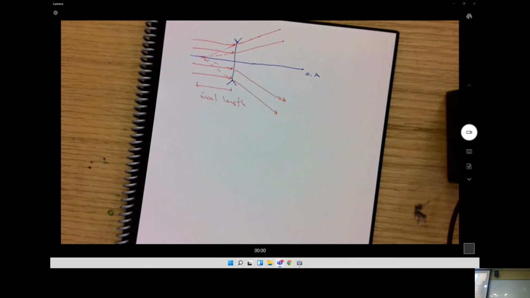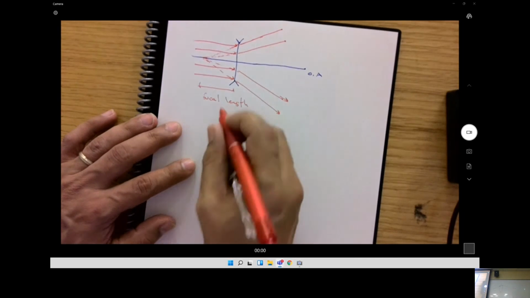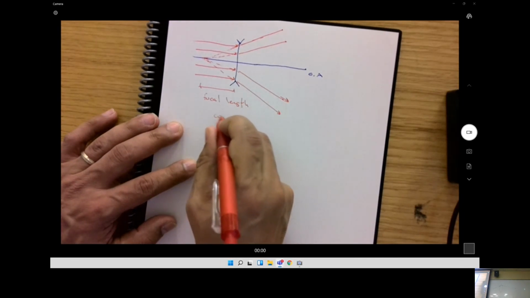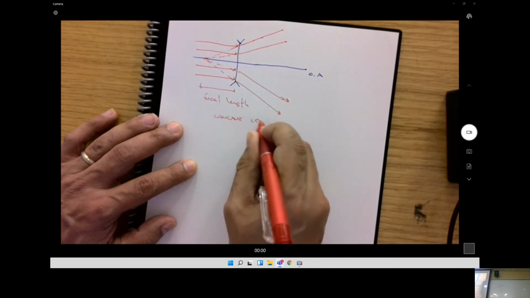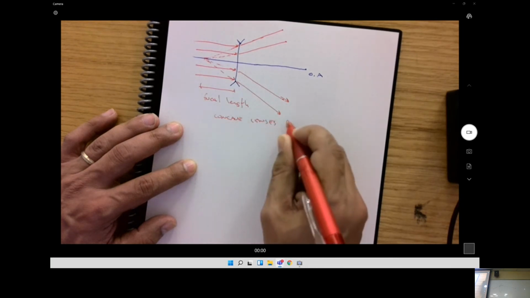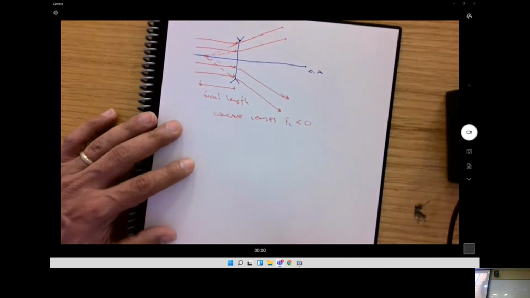Because the focal point is behind the lens, we call that a negative focal length. That's why we call them negative lenses. So concave lenses have a focal length less than 0.